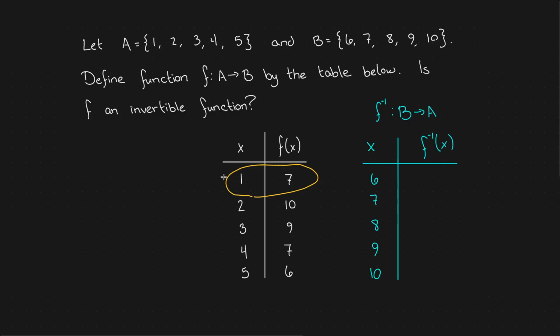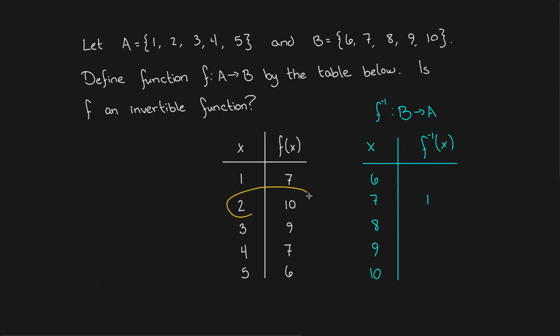Okay, so looking at this, we know that when we plug in 1 to f, we get 7 out as the output. So if we're inverting this, instead of going this way, we're going to go this way. So if we plug 7 into f inverse, we should get 1 out.